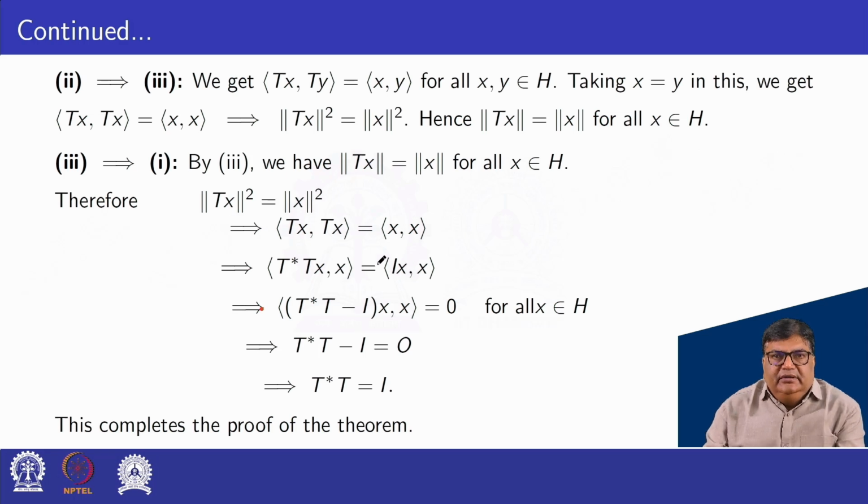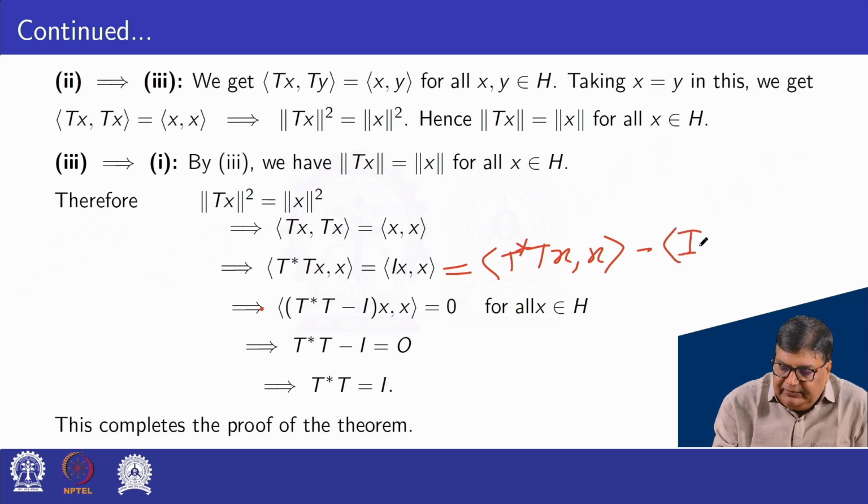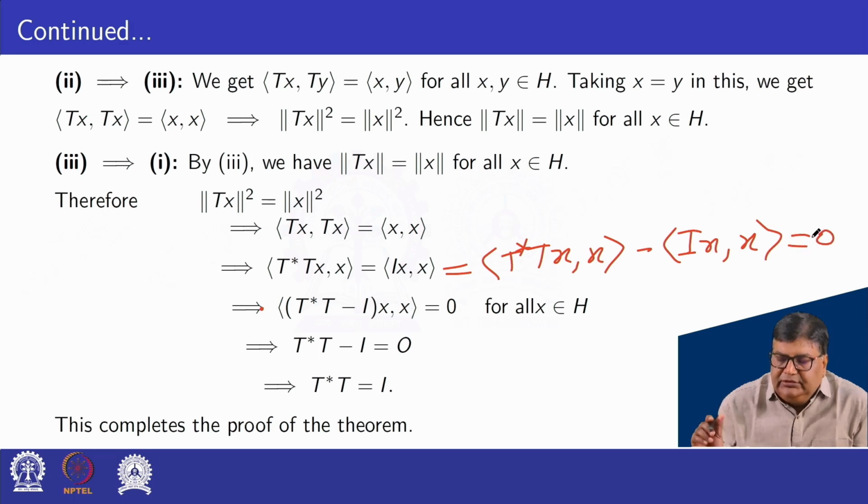Taking these to the left side, this can be written as the inner product of T star T x, x minus the inner product of x, x equal to 0.